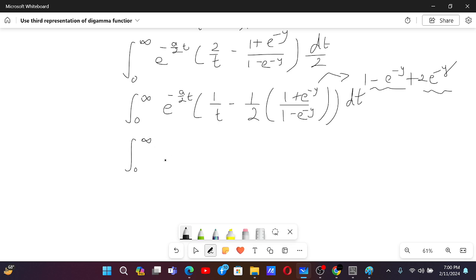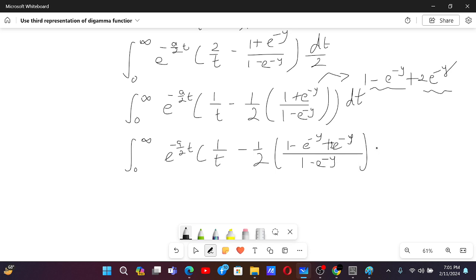That's a better approach, and we will later see how to deal with the problem, but for now that seems a good thing to do. So (1 minus e to the power minus t) plus 2 times e to the power minus t, by 1 minus e to the power minus t, and then dt.